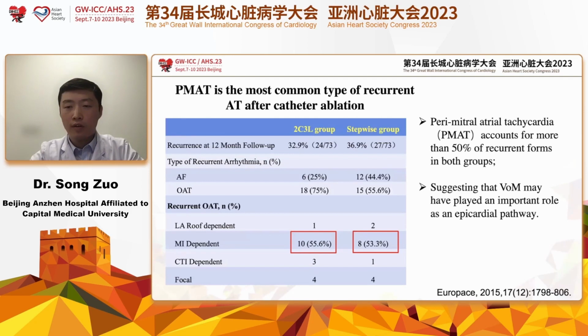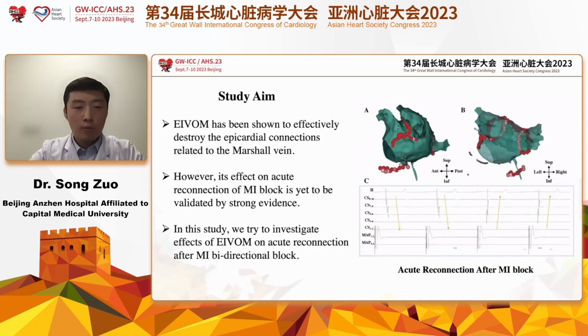It suggests that the vein of Marshall may have played an important role as an epicardial pathway. Accumulated evidence has demonstrated that EIVOM has been shown to effectively destroy the epicardial connection related to the vein of Marshall. However, its effect on acute reconnection of mitral isthmus block is yet to be validated by strong evidence.